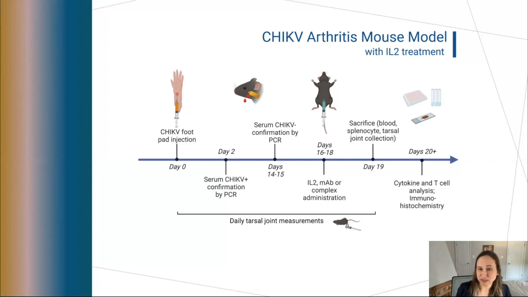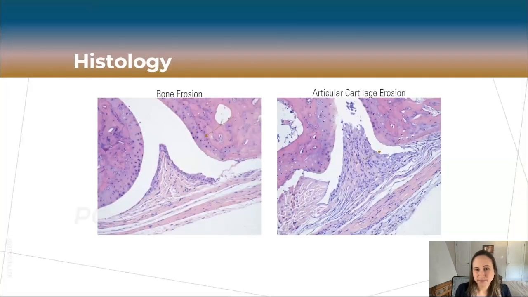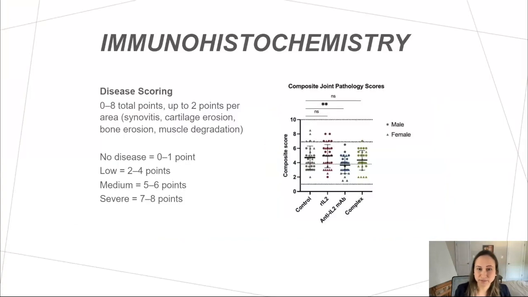So here you can see the tarsal joint histology, and you can see in the diseased area a significant infiltration of these purple blue T cells. And further, on the figure on the left, you can see the bony erosions, and on the figure on the right, you can see cartilage erosions as a result of chikungunya infection.